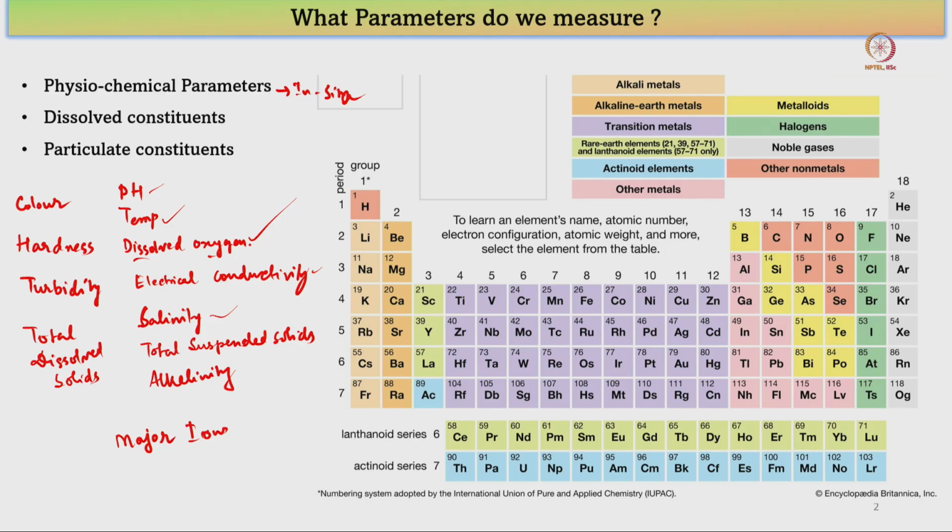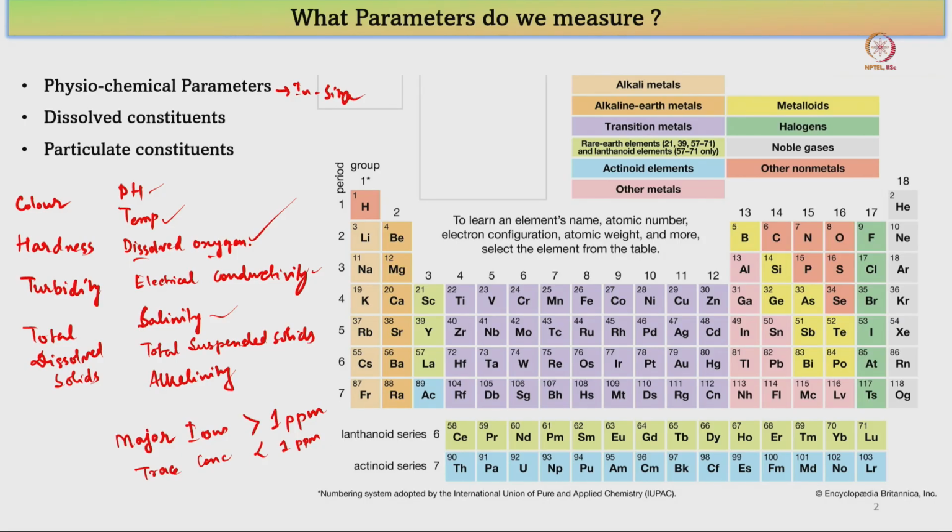So, that forms a major ion. Another is trace concentration. Whatever is below 1 ppm, we call that either trace elements or trace metals.